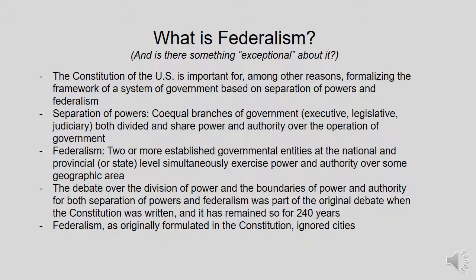So you live in Nebraska or Iowa or somewhere, California, you are under the authority of at least 2 governments, coercive governments that can actually require you to do things. So you're under the authority of the state and probably a local government. So that's 2, and you're also under the authority of the national government. And so that's what we think of as federalism, right?